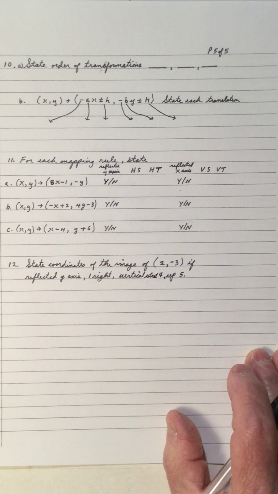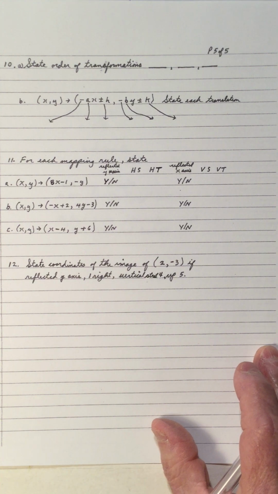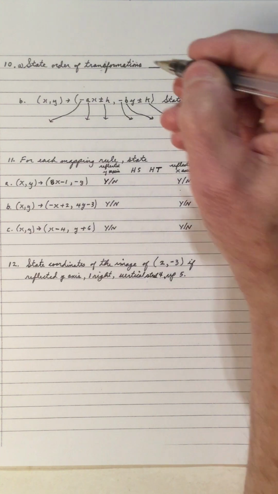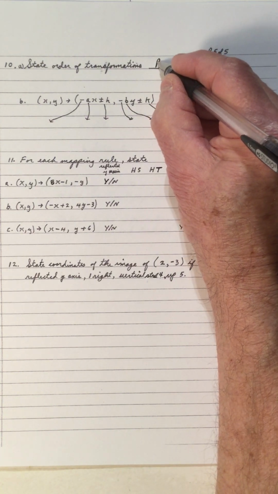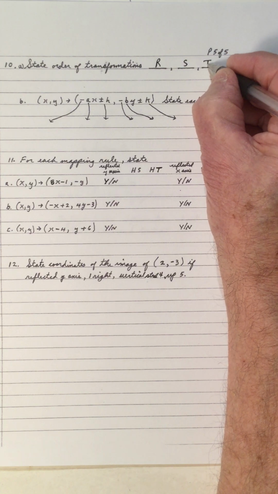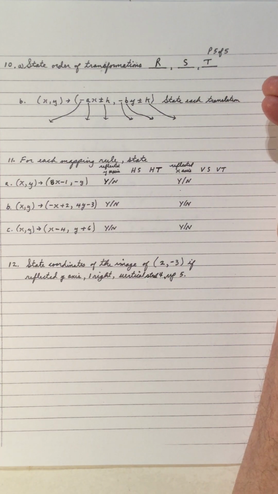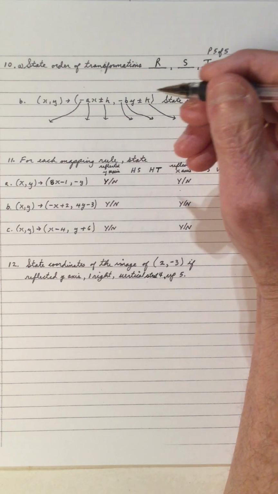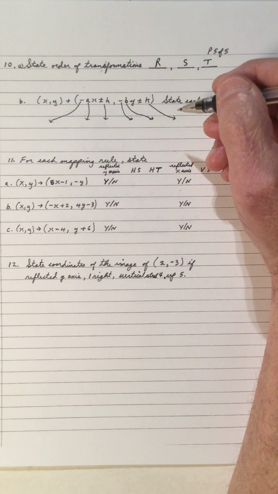And to end it off, we state the order of the transformations. The order that I always do is that I reflect, I stretch, and I translate. You always do the reflections first, reflect on the x, reflect on the y.